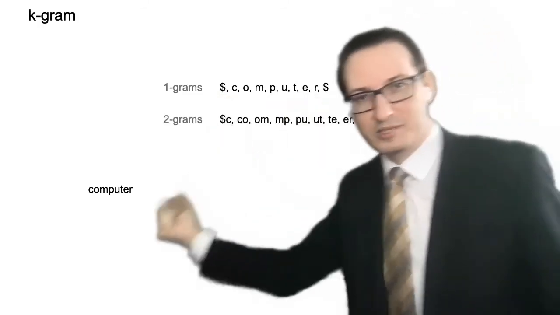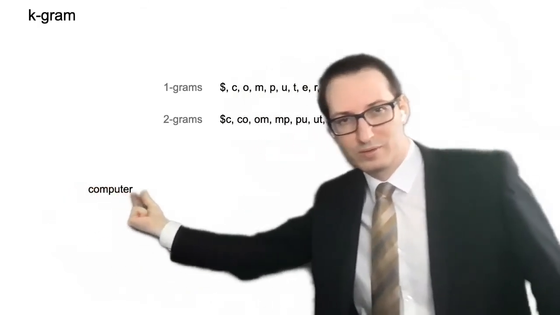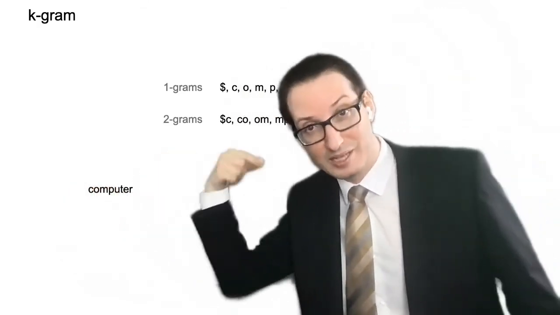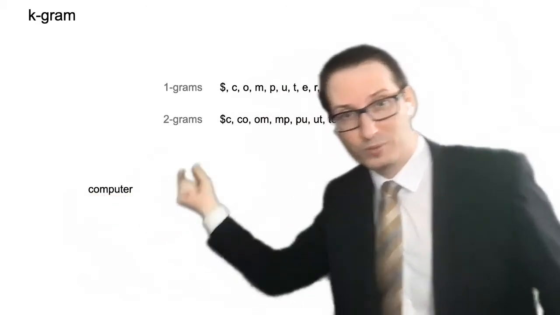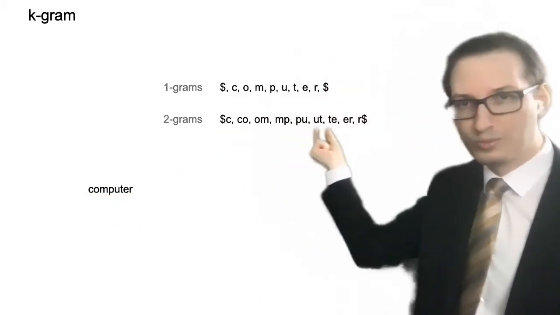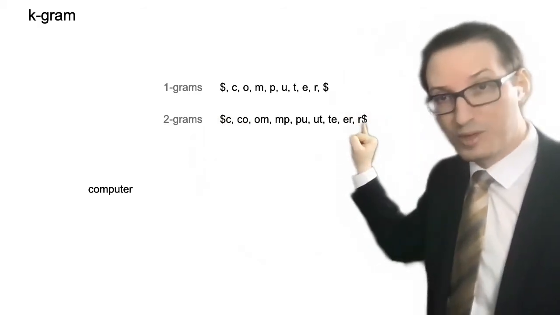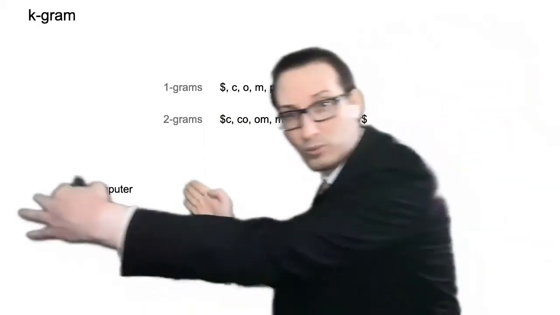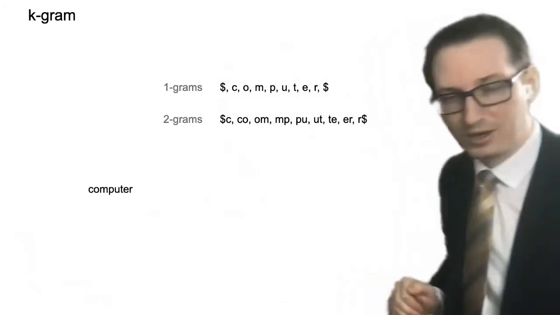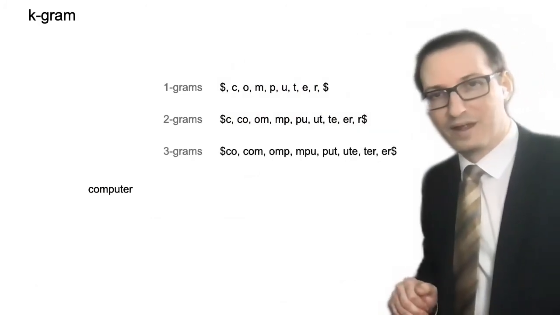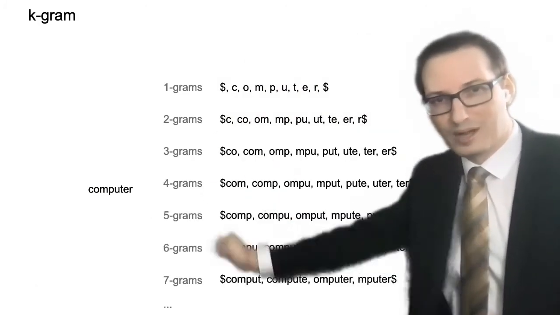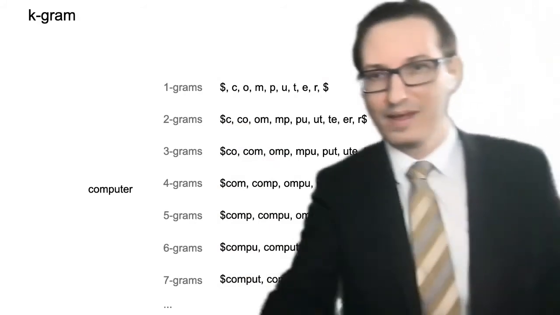The 2-grams are basically a sliding window, just like the biwords that we saw earlier. We slide a window and we take 2 letters, 2 by 2, 2 by 2. But again, the first one is with the dollar and the last one is with the dollar. So it's a sliding window where we added dollar guards on each side. So then you have 3-grams, 4-grams, 5-grams, and so on.